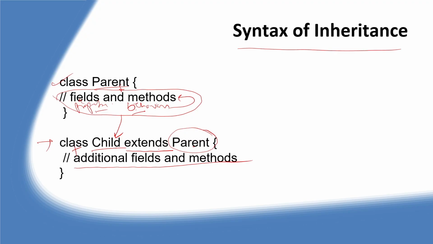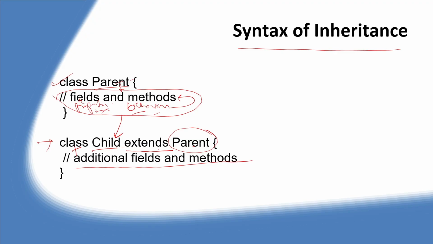One thing we need to keep in mind: I am saying the properties and behaviors of the parent class will be available in the child class, so the child class can access them. But my question is, can the child class access all properties and behaviors of the parent class?